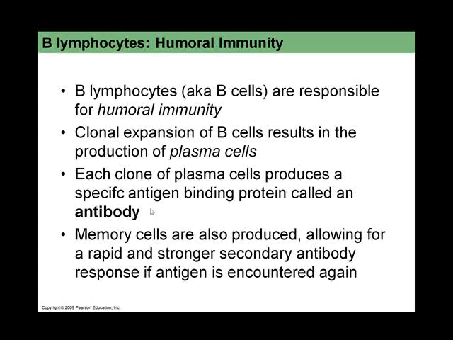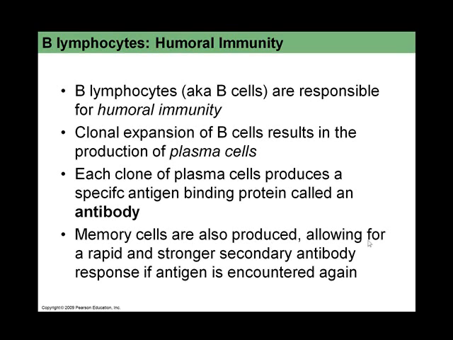If you had it before and that was the point of entry, then you should expect a really high number of these memory B lymphocytes ready to divide and produce plasma cells and gear up the antibodies, so that as the virus is coming in and beginning to divide and spread, you've got plenty of antibody to stick to them and inactivate them and prevent the further spread, and also trigger their destruction by other means, and also contribute to the destruction of the cells that are infected.